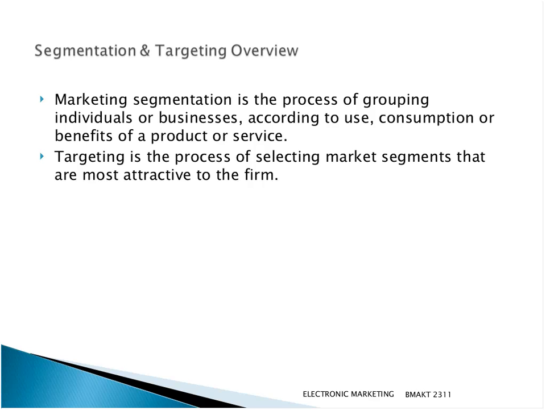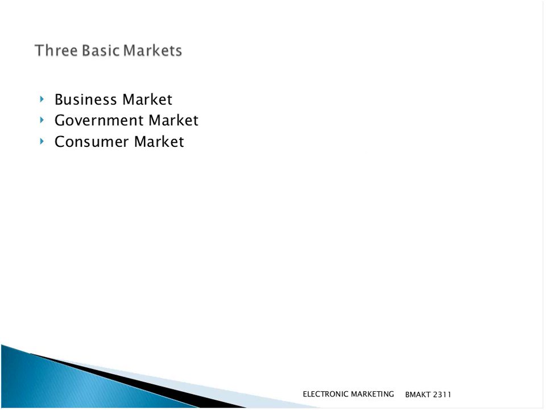Or sometimes you can target different ones, as many as you can, as far as you have the capability to deal with. Most attractive segments to the customer means they can give you enough profitability, or the profit that you're looking for. So in targeting, at the end of the day, you are going to choose among the segments that you already created the right segments for you.